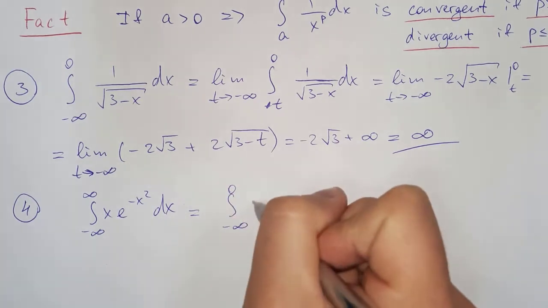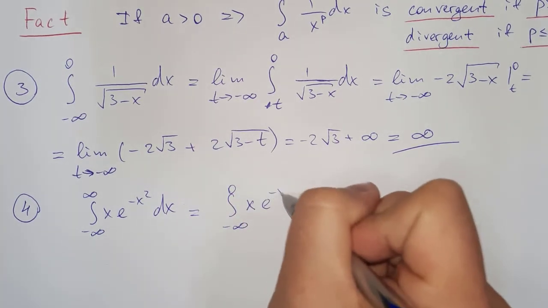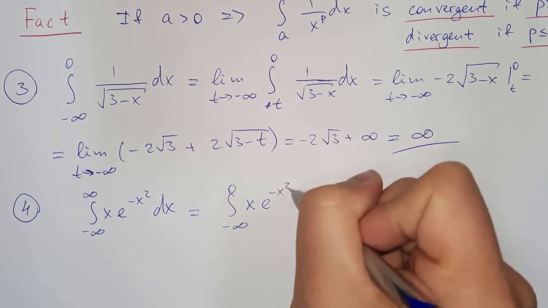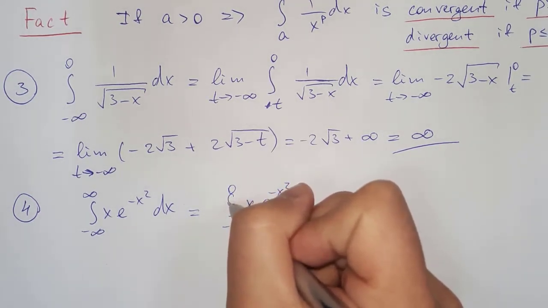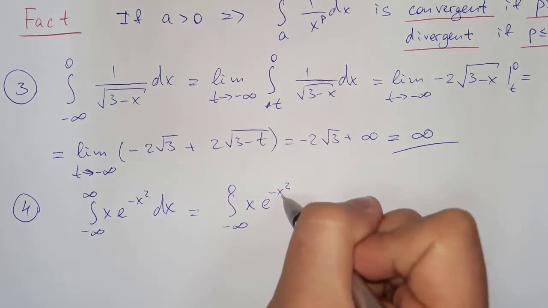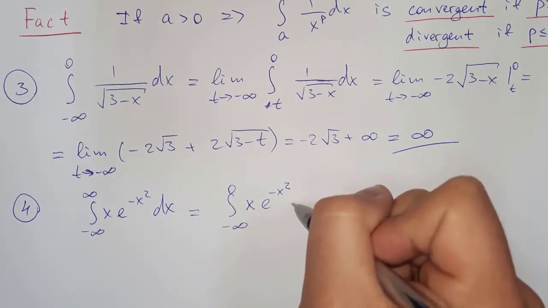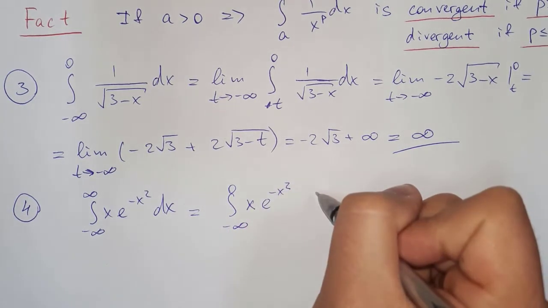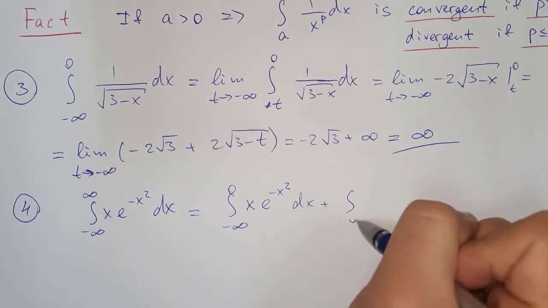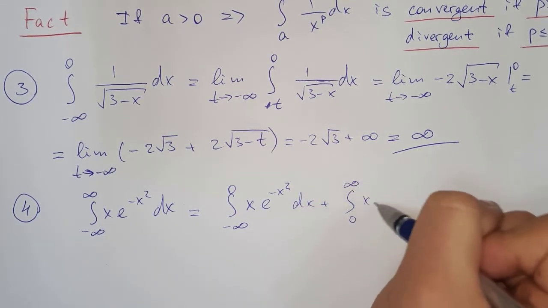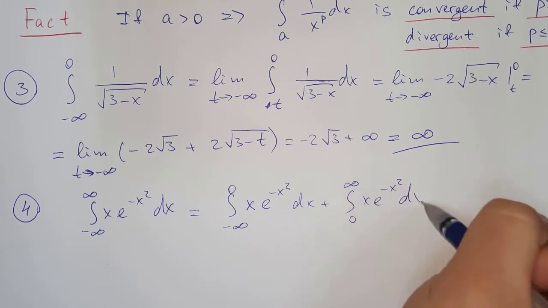So, for example, x e to the power of minus x squared. We can choose any point. We choose here x equal to 0, and I mean c, this dx plus integral from 0 to infinity of x e to the power of minus x squared dx.